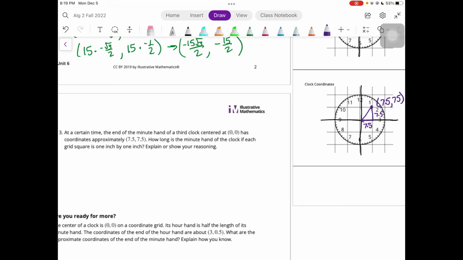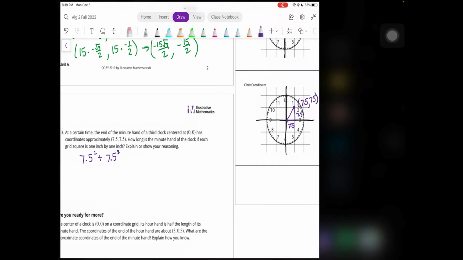And so we are looking at the Pythagorean theorem, really, not identity. So 7.5 squared plus 7.5 squared. And let's see what that gives us. I'm going to use a calculator for this.